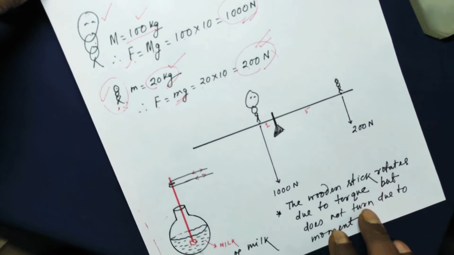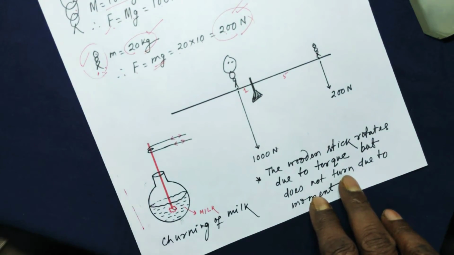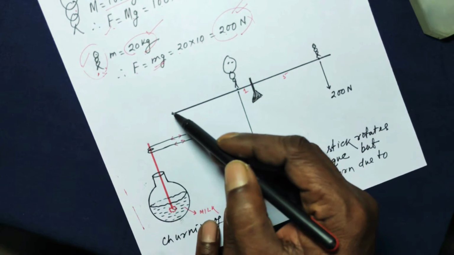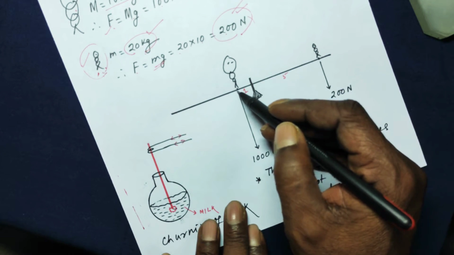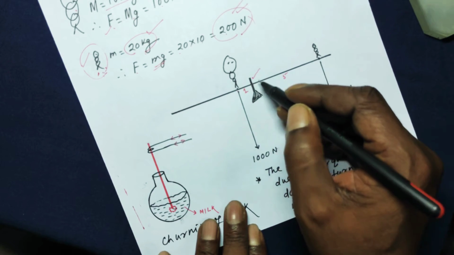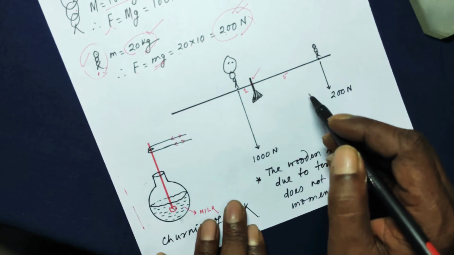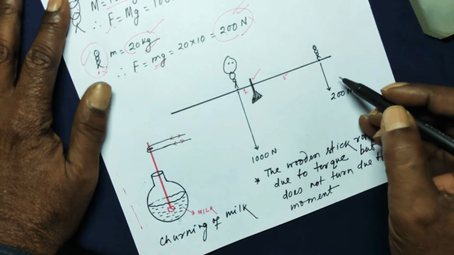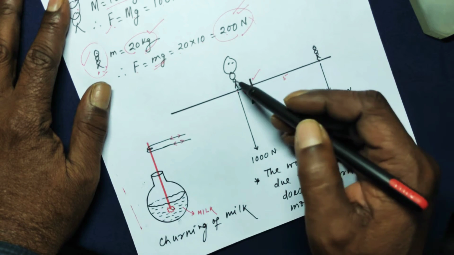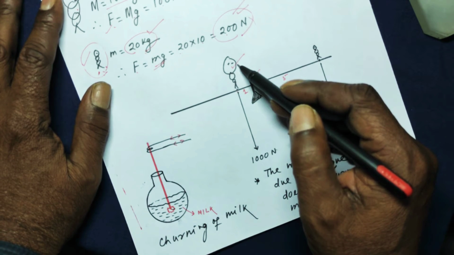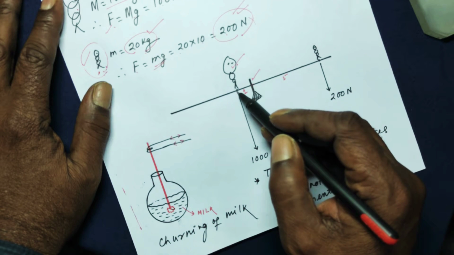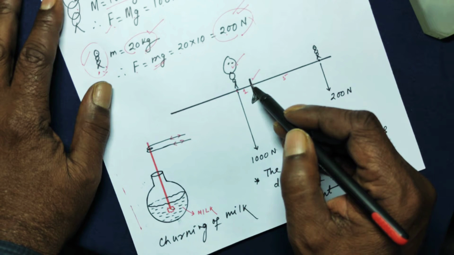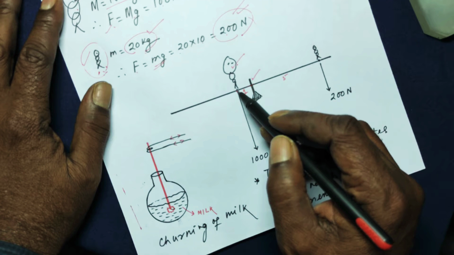So I have a diagram here. This is your seesaw, this is the fulcrum about which this seesaw can rotate either clockwise or anti-clockwise. So this gentleman having mass 100 kg suppose sits at a distance, let's say 1 unit from here.